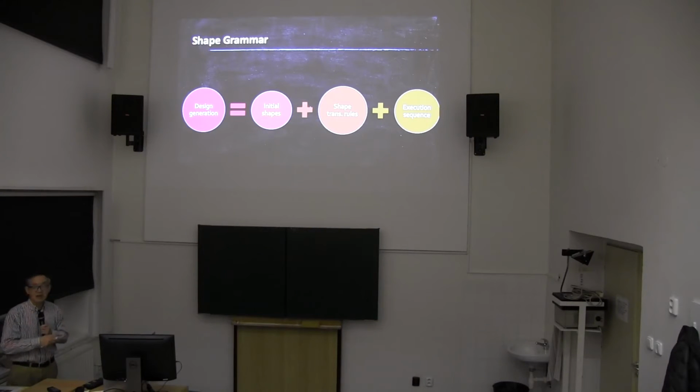The execution sequence did not exist before the real software development, because we have to make it runnable. That is based on the interpreter, which we call the shape grammar interpreter, that we also developed.